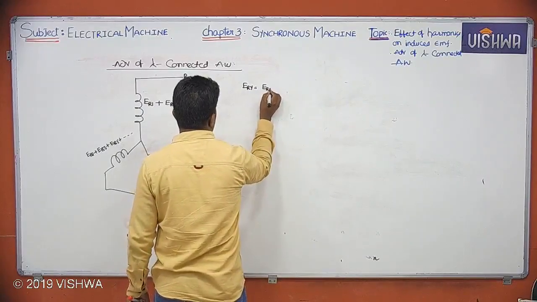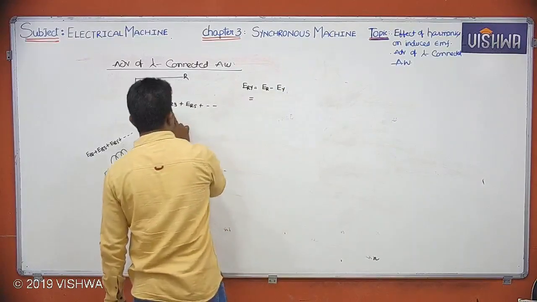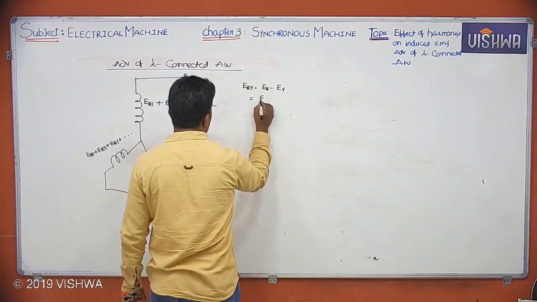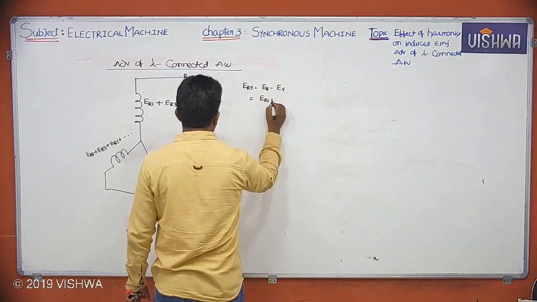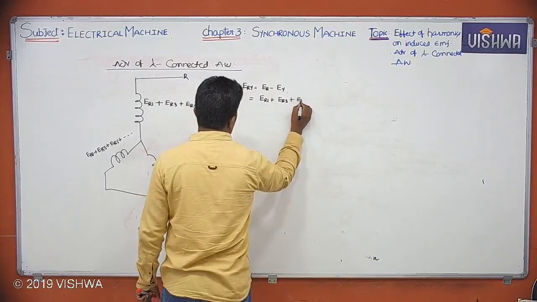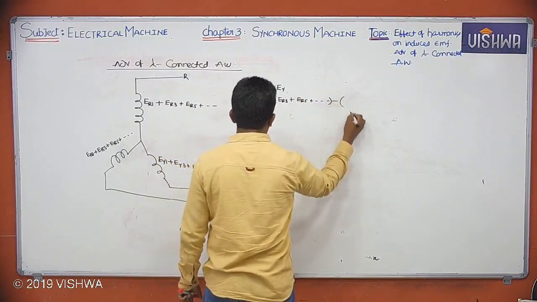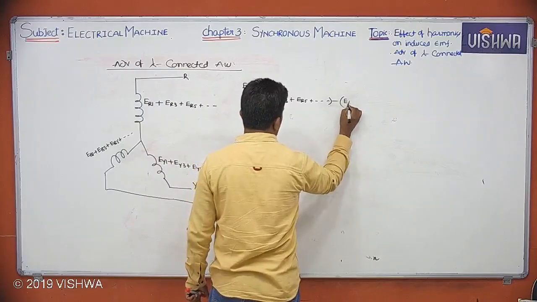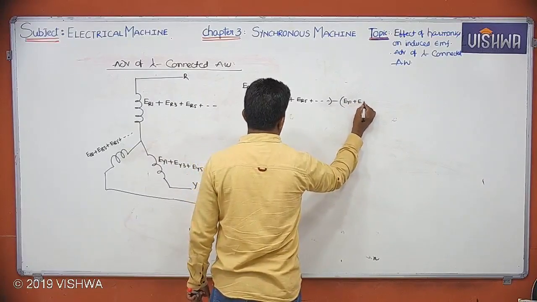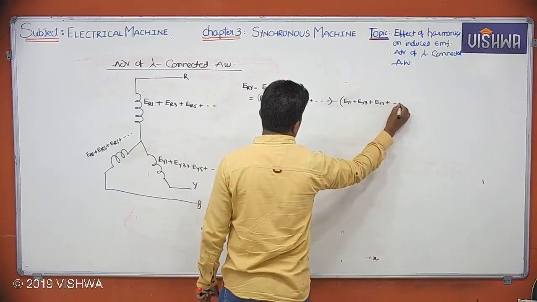ER minus EY. ER value means how much here? ER minus EY: ER1 plus ER3 plus ER5 plus and so on, minus what? EY value means EY1 plus EY3 plus EY5 plus and so on.